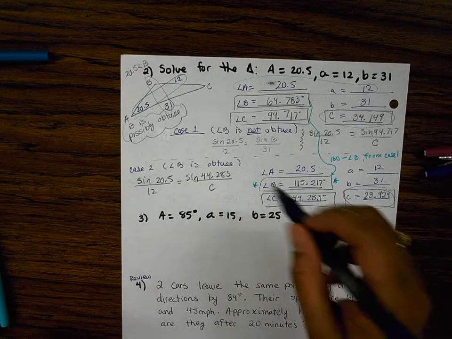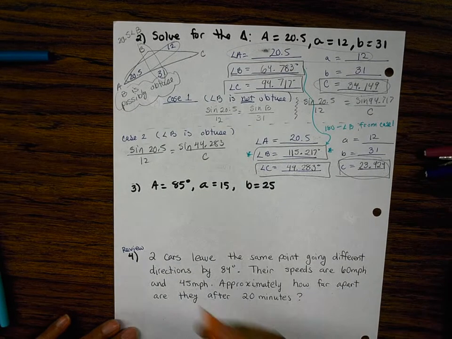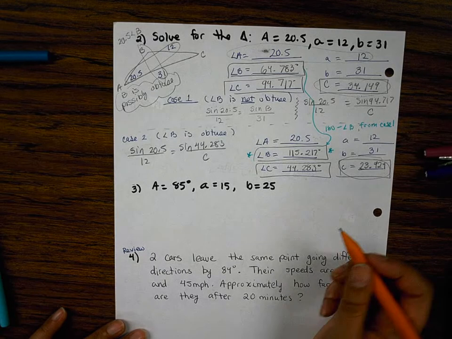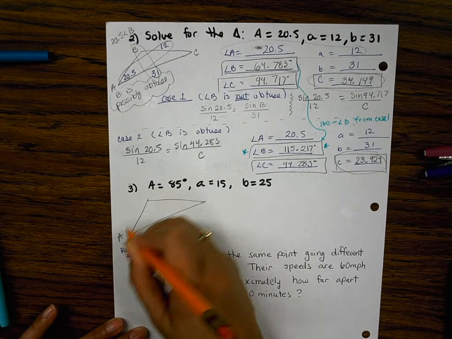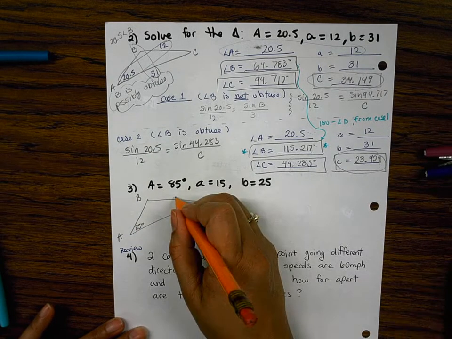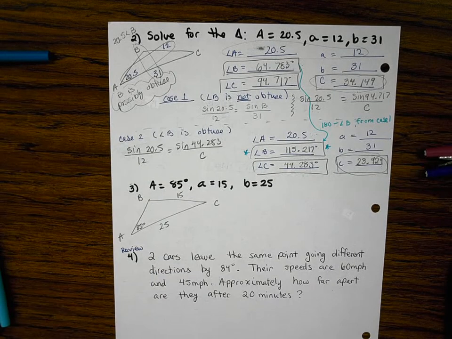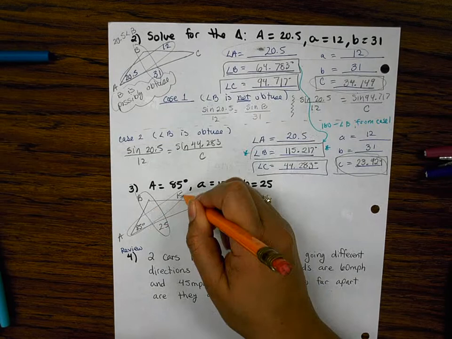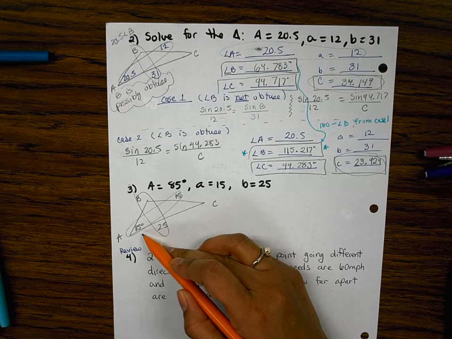All right, come with questions into class and we'll talk about this more if needed. Next one, A is 85, A is 15, B is 25. A, B, C, 85 degrees, 15, and 25. Really quick check, 25 is bigger than 15, which means angle B is bigger than 85.